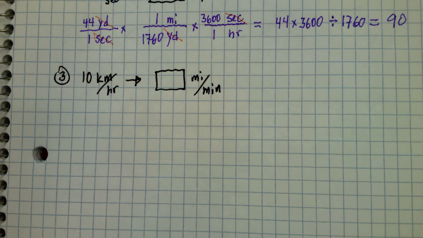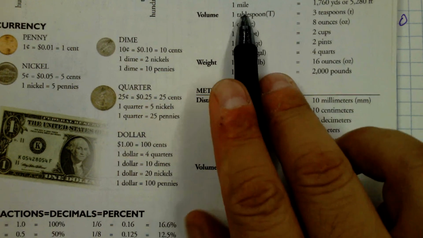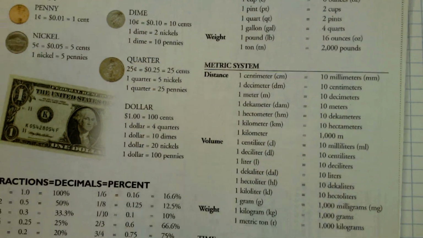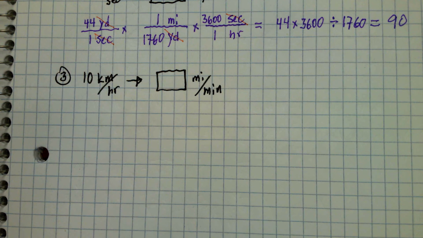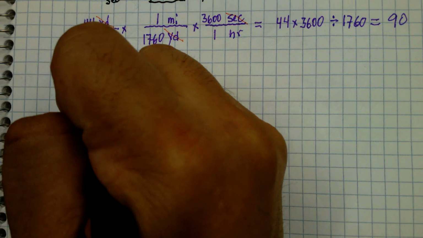Yeah, it really doesn't. And maybe it's because, if you notice, miles is over here in our English system, and kilometers is the metric. So I'm going to give you that conversion. But let's start with that. Let's do 10 kilometers per 1 hour.